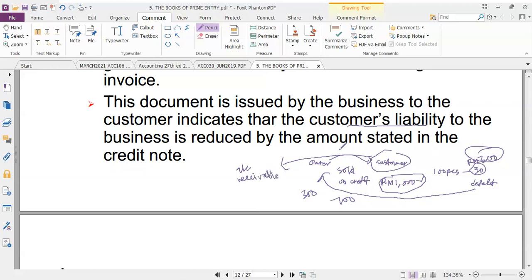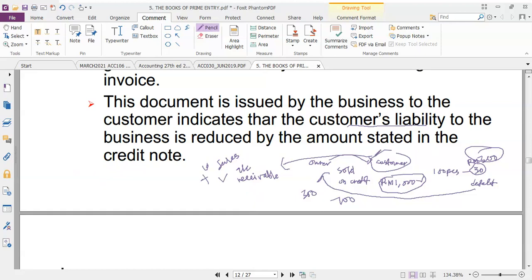Okay, so the customer is our account receivable. You must remember, if we record sales of the business on credit, we must record account receivable also. They cannot be separated, sales and account receivable.